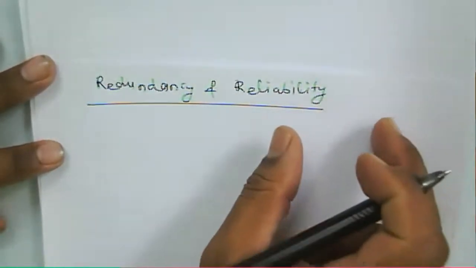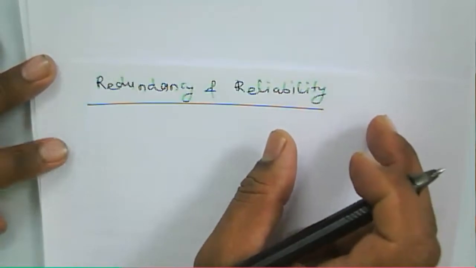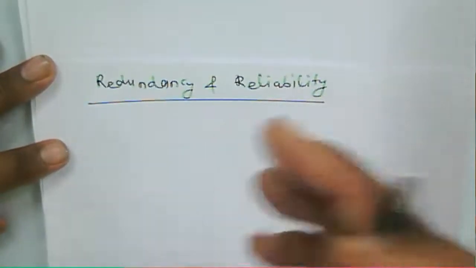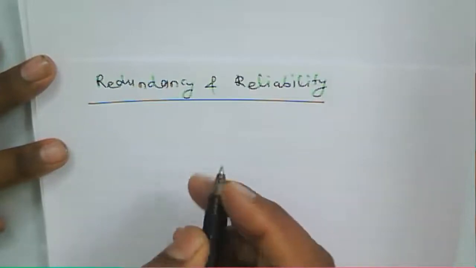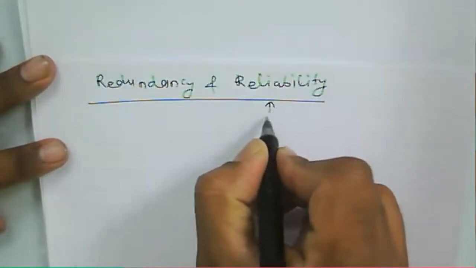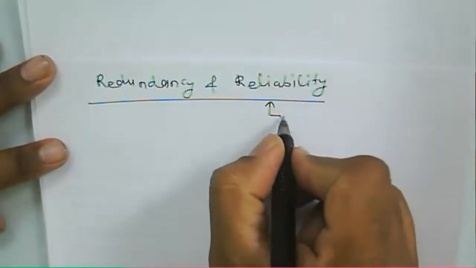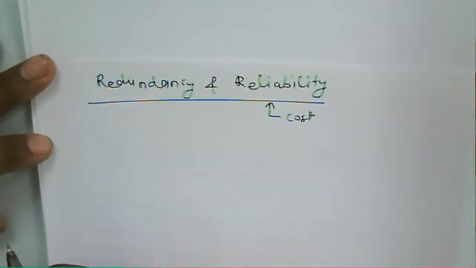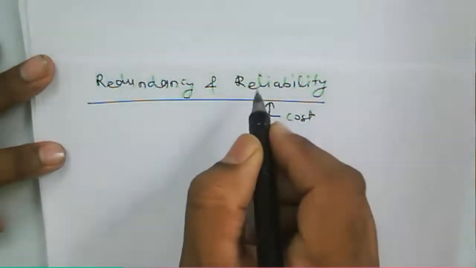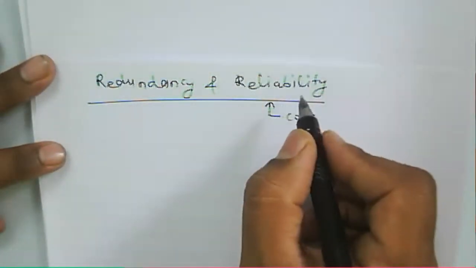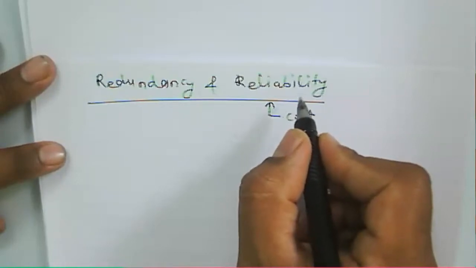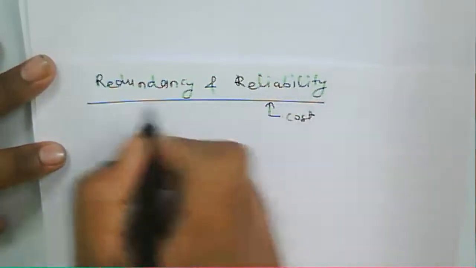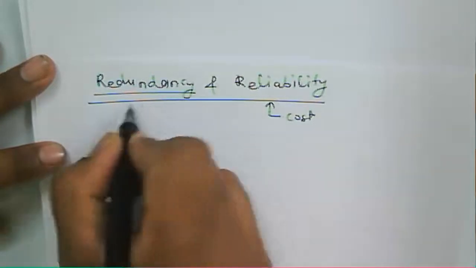But if we consider components that will work for a long duration, then to achieve that particular reliability, the cost of the system will be increased here. You need to use highly reliable components, so that's why the cost will increase.